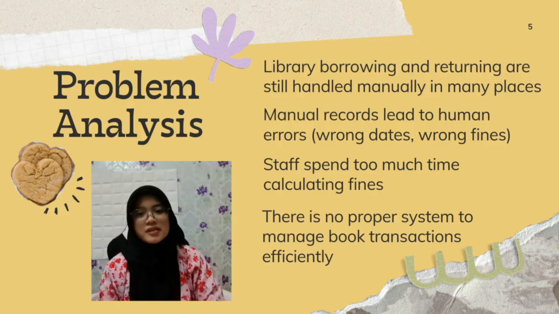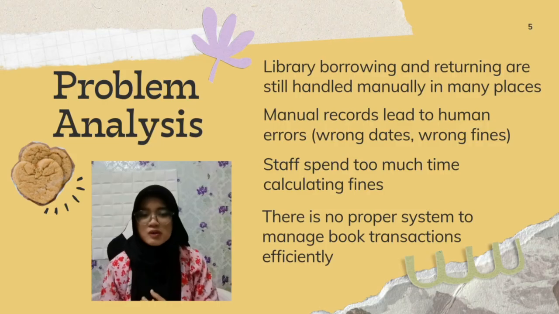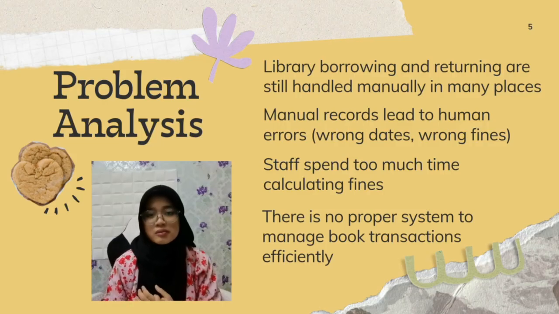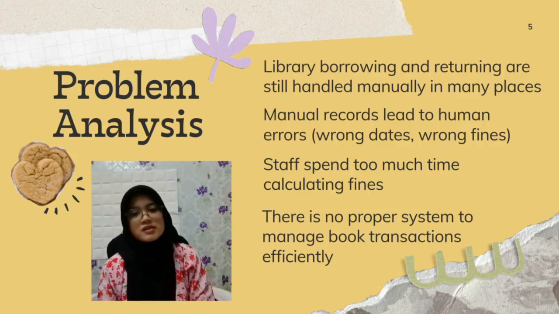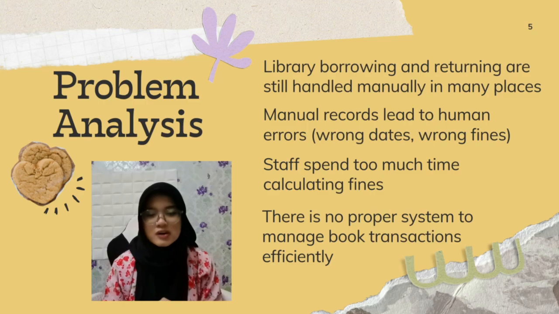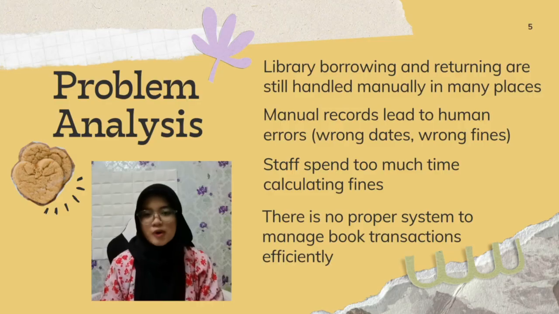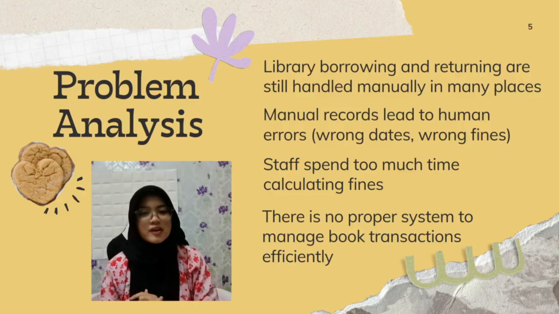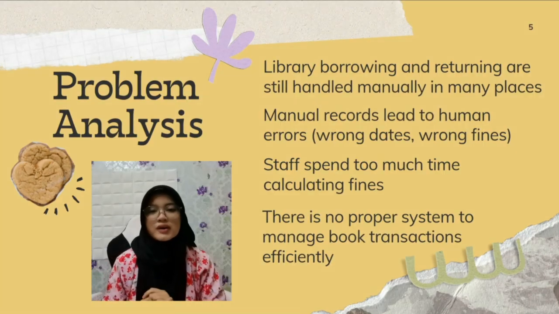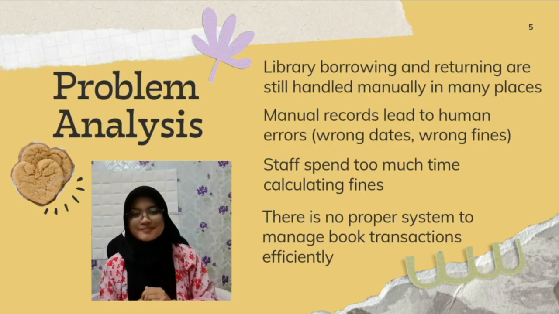Second, library staff spend too much time calculating fine manually, especially when dealing with different membership types. This reduces work efficiency. Lastly, without a proper system, it becomes difficult to manage book transactions and keep records updated. This problem highlights the need for a computerized system to improve accuracy and efficiency.